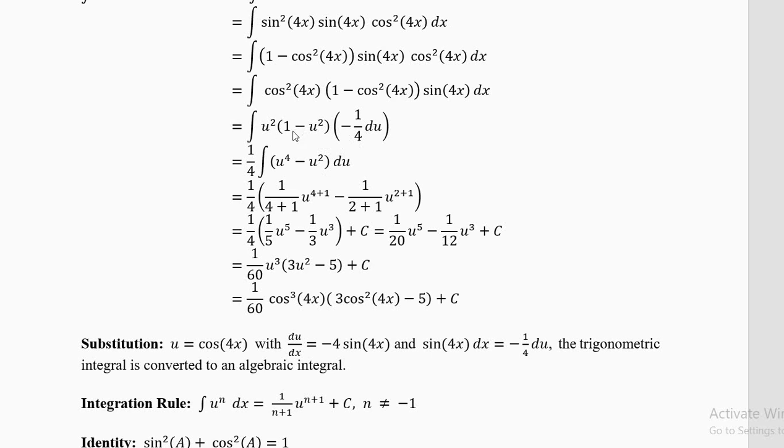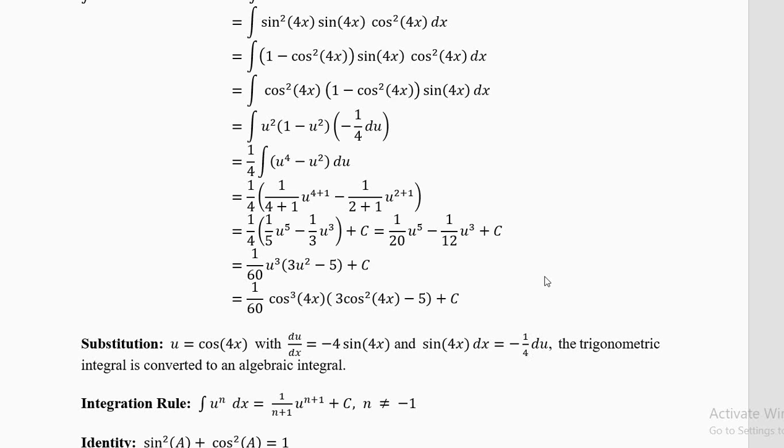Now you can absorb the minus in this bracket. Take the u square inside, you will get u power 4 minus u square du, 1 over 4 outside. We have to remember that we have to convert the full integrand along with dx into u, and sine 4x dx after substitution is minus 1 over 4 du.